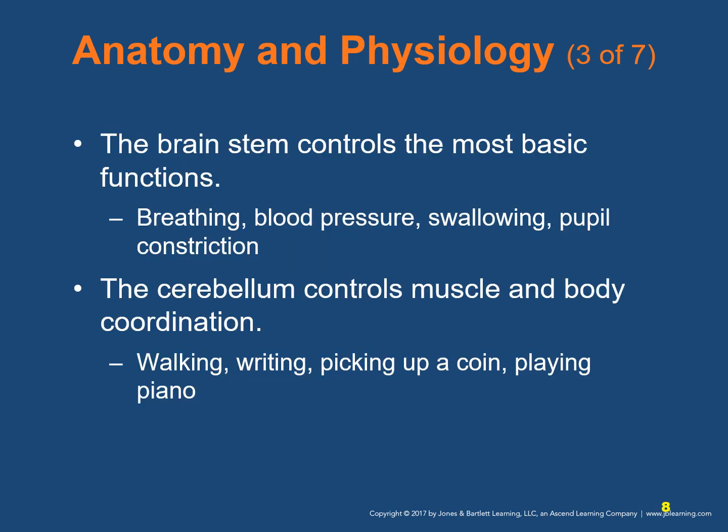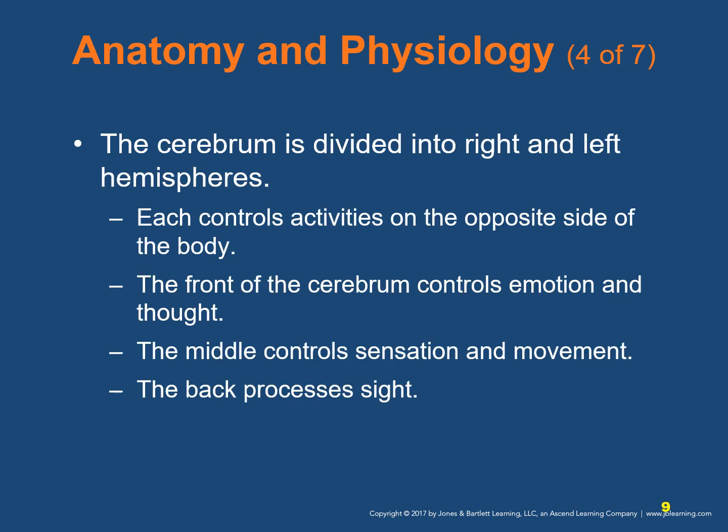The brainstem controls the most basic functions: breathing, blood pressure, swallowing, and pupil constriction, etc. The cerebellum controls muscle and body coordination, such as walking, writing, picking up a coin, playing the piano. The cerebrum, located above the cerebellum, is divided into right and left hemispheres.